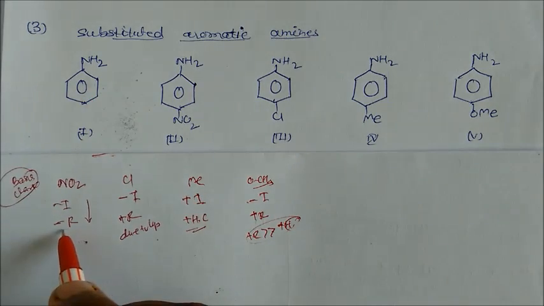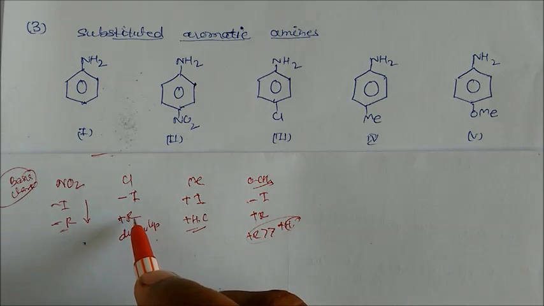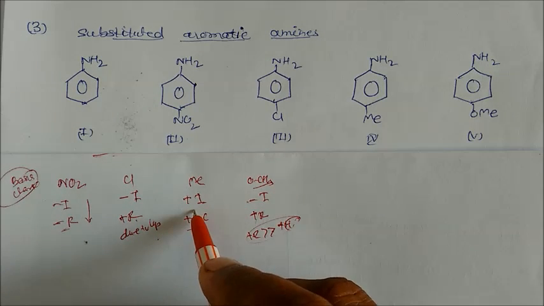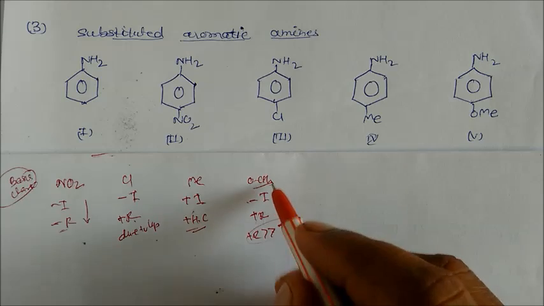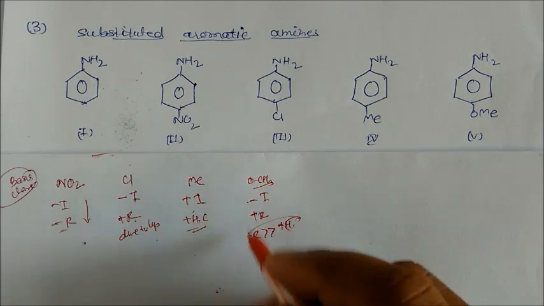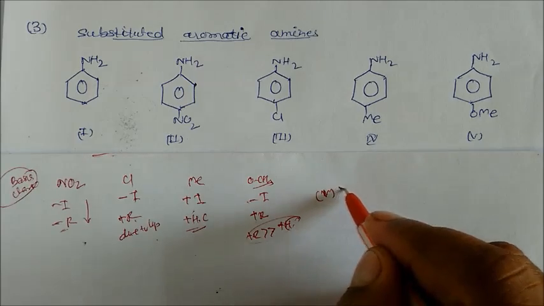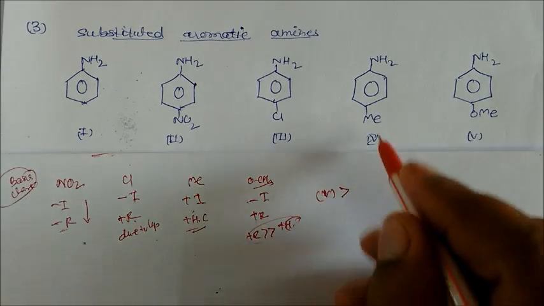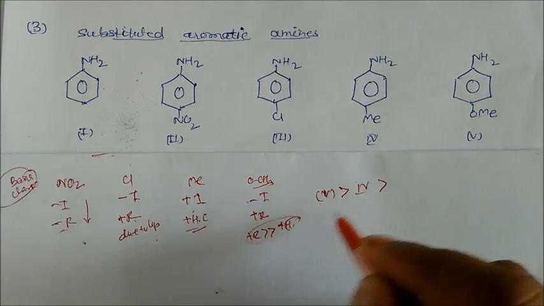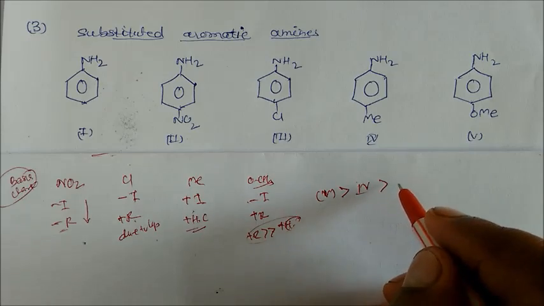So this is the more acidic, then followed by this one, then followed by this one. So which will be more basic? This will be more basic. So more basic means fifth is our most basic, then followed by 4, then followed by 1.